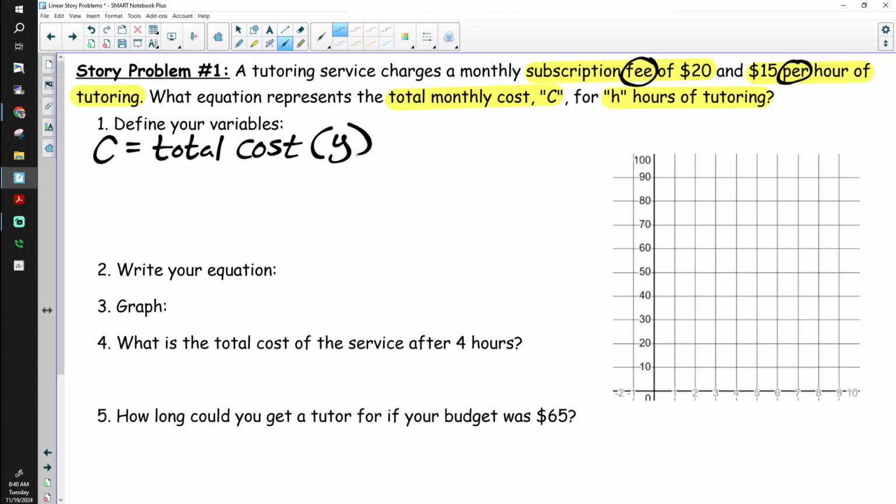Okay, let's keep going. We have H. H represents what? The number of hours of tutoring. Number of tutoring hours.